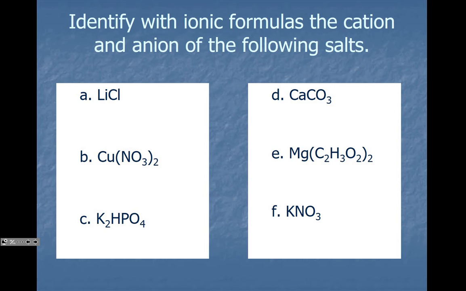Okay, if you need help, let me know. All the rest of you still should be doing all of these and seeing if you can get them right. Also, once you get it figured out, go ahead and put it on the board.